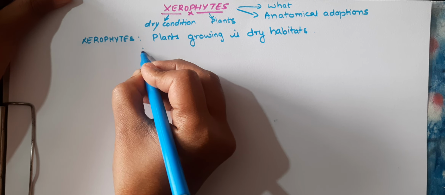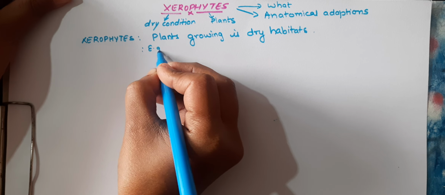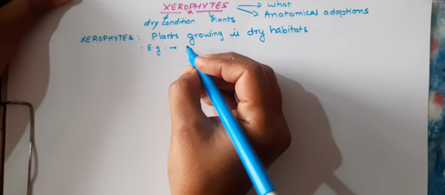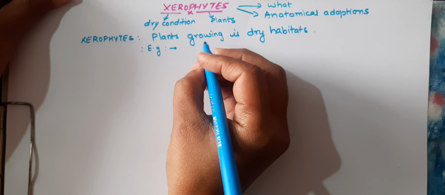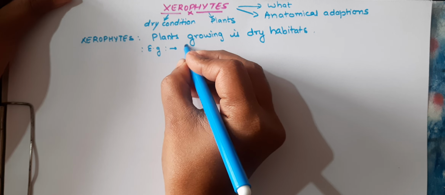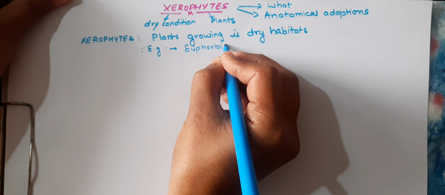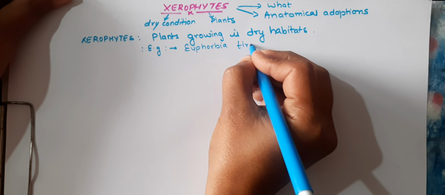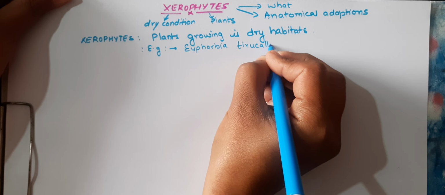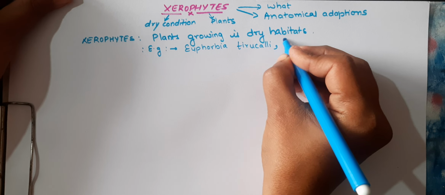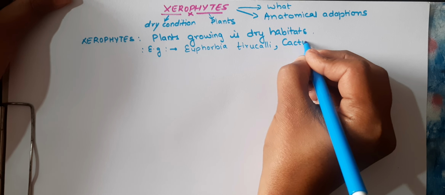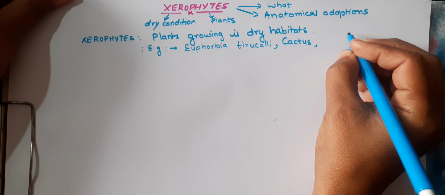So example, I will give you a few examples of the common xerophytes. The first example is Euphorbia tirucalli, okay. Cactus, we all know that cactus is a known xerophyte.